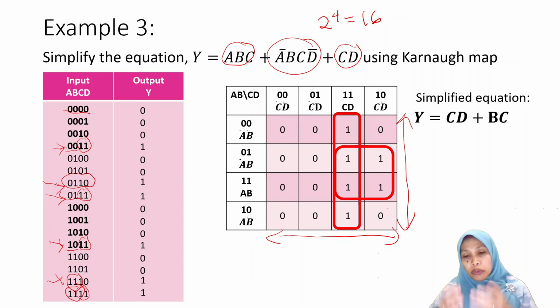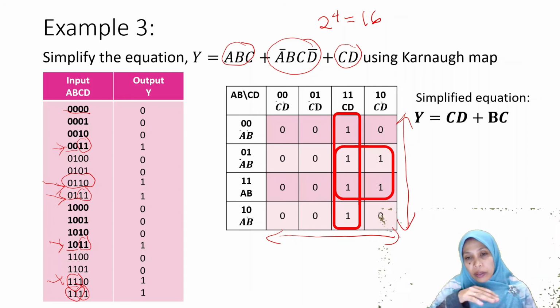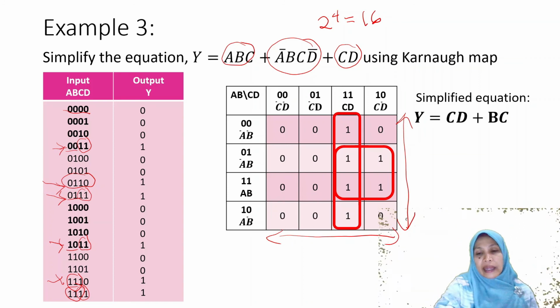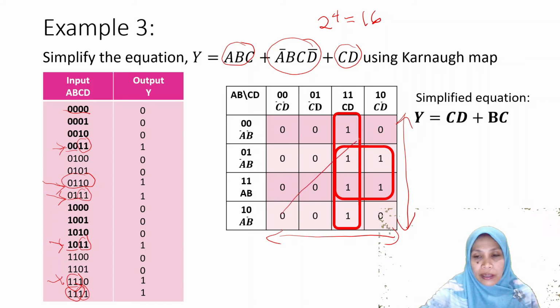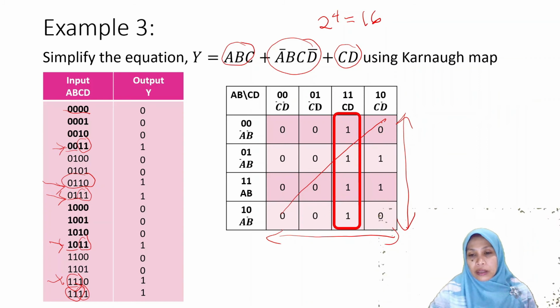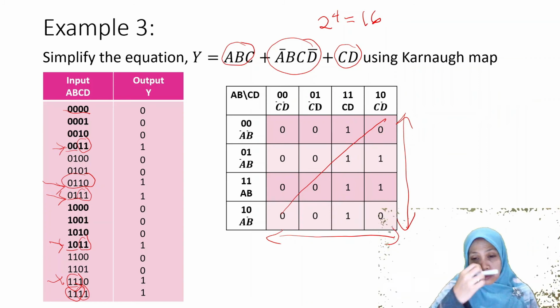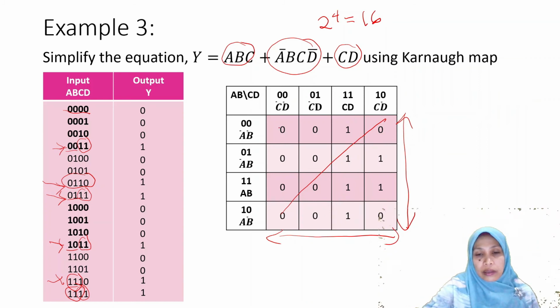Okay, and then another rule to group the big one is you can group it in horizontal or vertical group only. You cannot make it as a diagonal, like this one. You cannot make it as a diagonal grouping. Okay, or like this one.